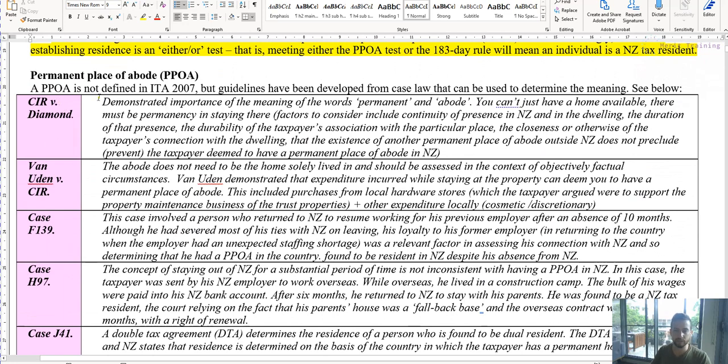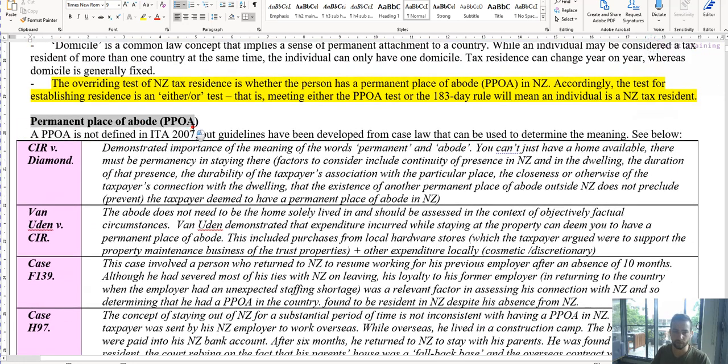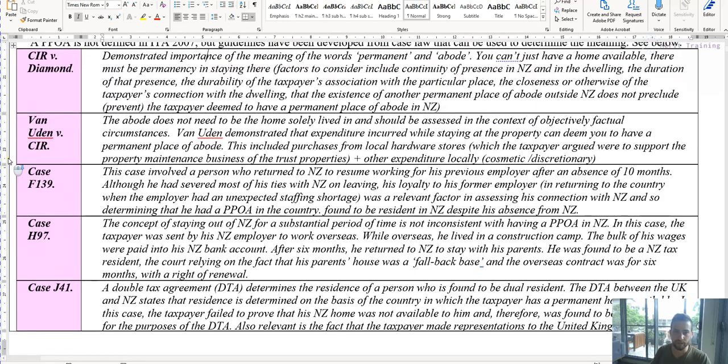So, as I mentioned before, case law is important. It's contributed a lot to the definition of what a PPOA is, because tax residency is quite a grey area, whereas some person might think they're a tax resident, another person might not think they're a tax resident, and sometimes it's a little bit grey. So here are some examples that you can refer to in your exam, and generally when we have an exam question, we might have to determine whether they're a tax resident or not, because that's going to have implications in terms of calculating their tax liability.